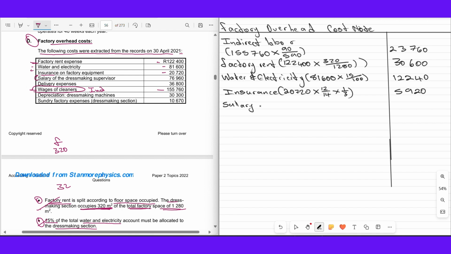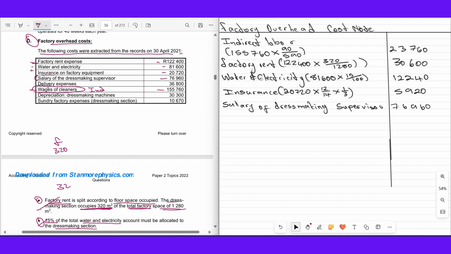Salary of dressmaking supervisor. How much is it? 76,960.